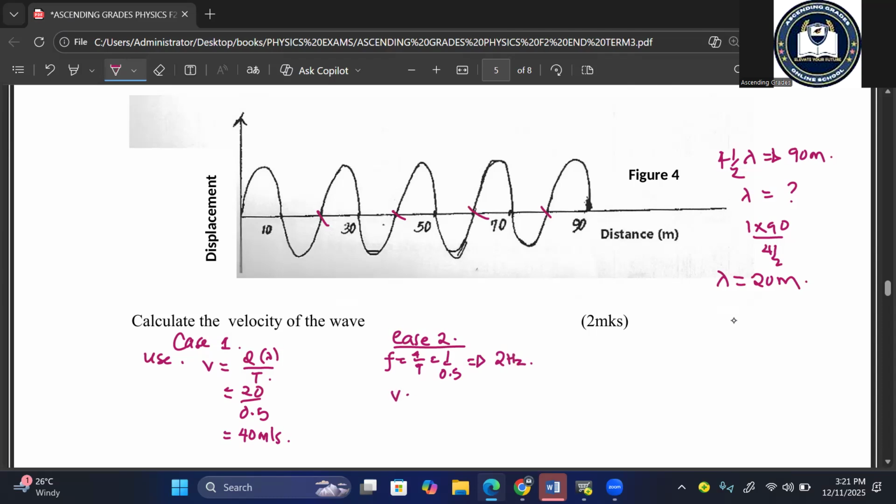Then velocity is given by f lambda. Then we say it is 2 times 20. You still get 40 meters per second. So we have these 2 options.